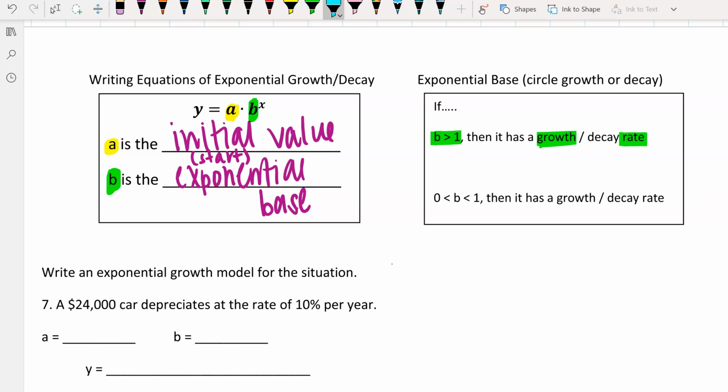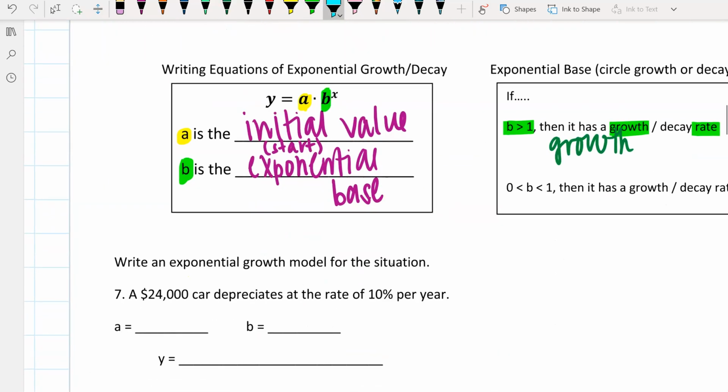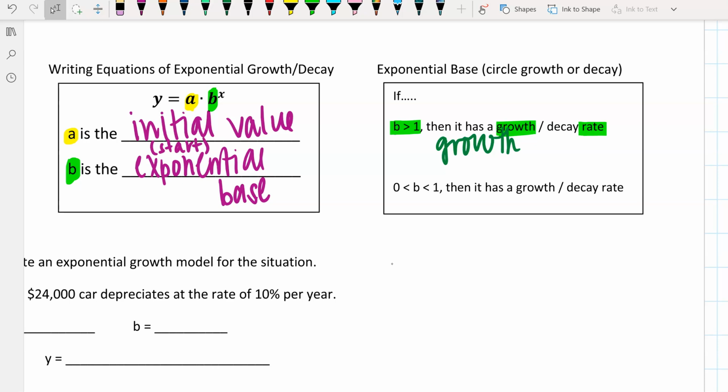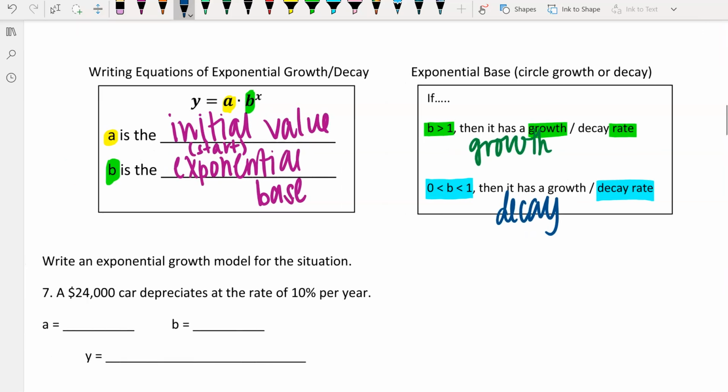It's a growth function. When we have 0 less than B less than 1, we will have a decay rate, because remember, that would be a decay function. Your function is decaying, it's going down from left to right.